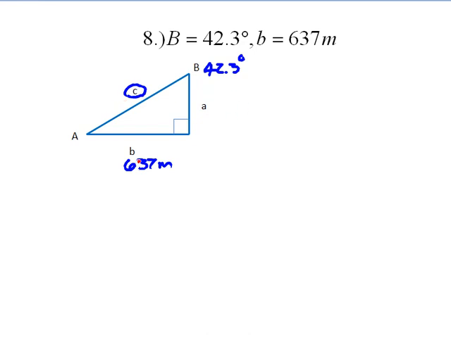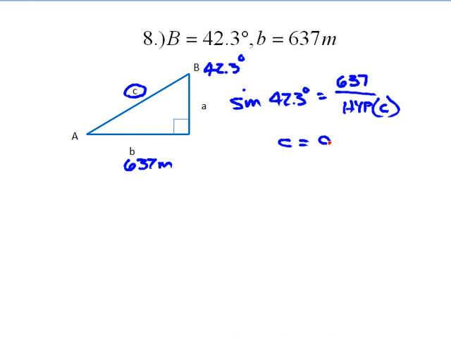So we want to have the opposite of angle B. So we're going to say the sine of 42.3 degrees equals the opposite over the hypotenuse, that's 637 divided by the hypotenuse, which is side C. You should be able to do the algebra, swap these, and get C equal to 946.5 meters.